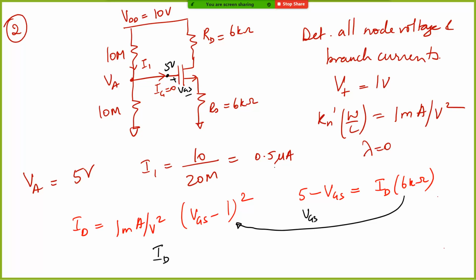Basically, you can write VGS to be 5 minus ID times 6K. You substitute this here.